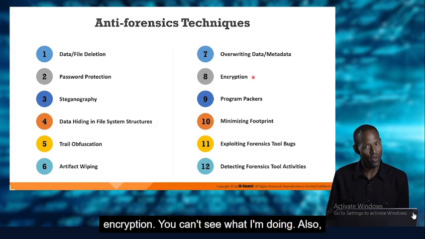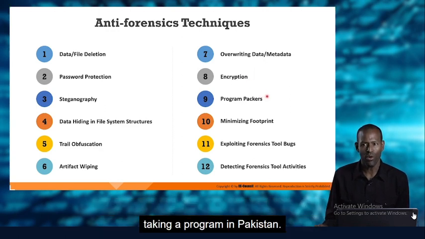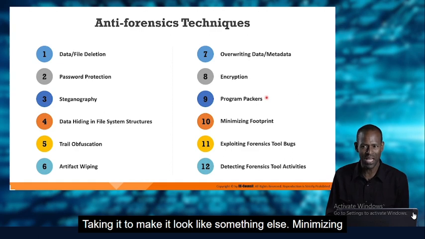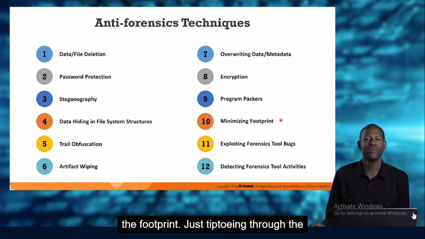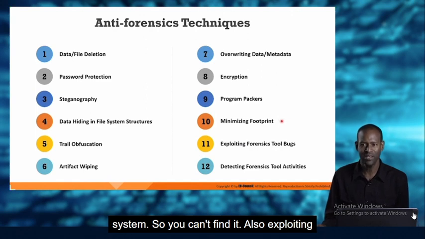Well, I can't crack the encryption, you can't see what I'm doing. Also taking a program and packing it to make it look like something else. Minimizing the footprint, just tiptoeing through the system so you can't find it.